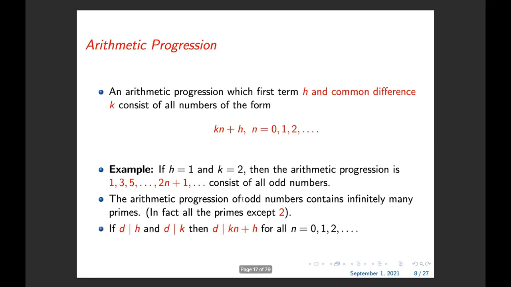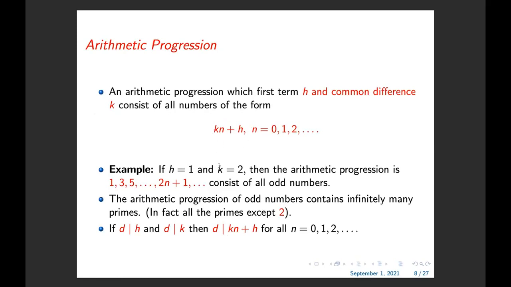So if the common factor between h and k is d, which is greater than 1, then we can say that d divides all these numbers kn plus h. That is, if h and k have a common factor greater than 1, then that factor divides all the numbers in this arithmetic progression.